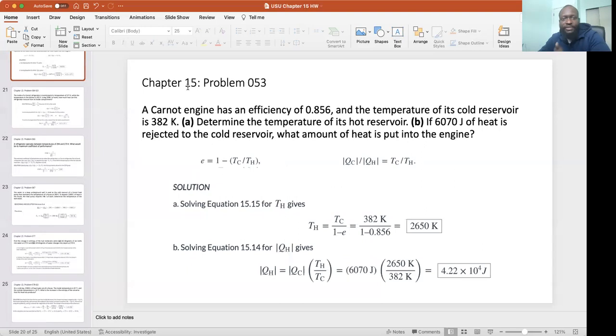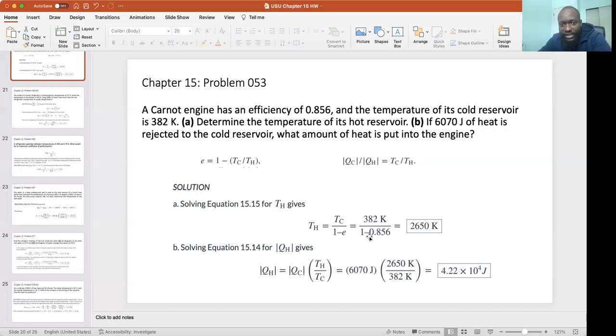The next problem, chapter 15, problem 53 says, a Carnot engine has an efficiency of 0.856 and the temperature of its cold reservoir is 382 Kelvin. Determine the temperature of its hot reservoir. And if 6070 joules of heat is rejected to the cold reservoir, what amount of heat is put into the engine? So efficiency is 1 minus temperature of the cold reservoir divided by temperature of the hot reservoir. So we can get the temperature of the hot reservoir to be T cold over 1 minus efficiency.